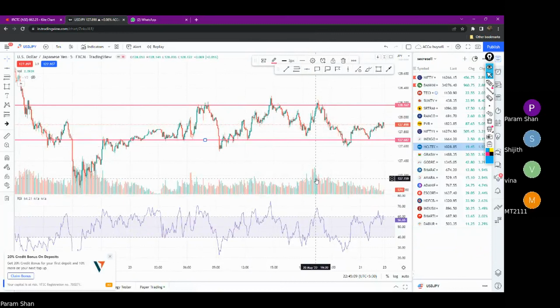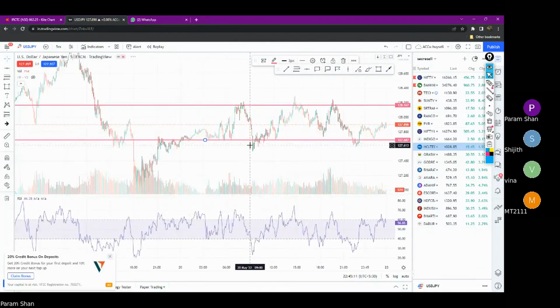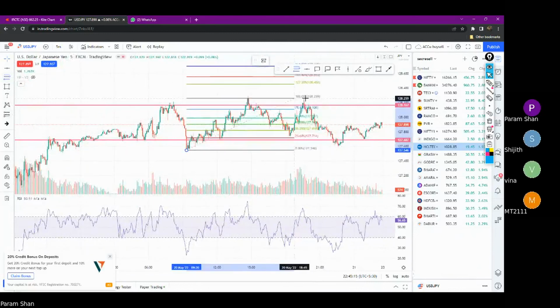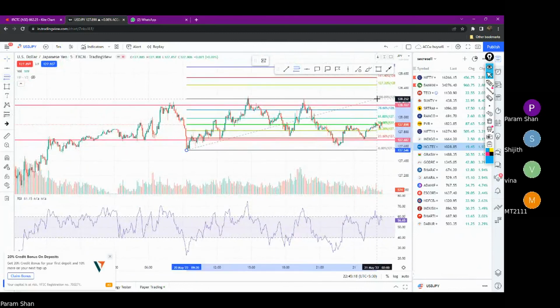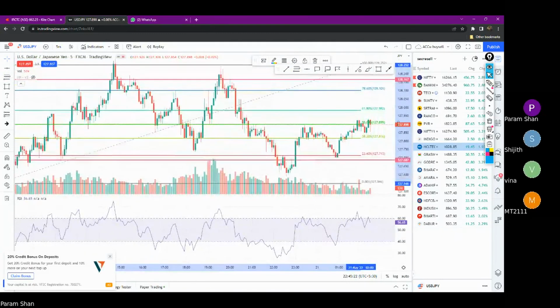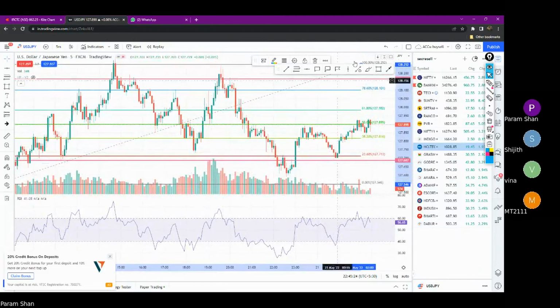Since this is trading in a range, we can use Fibonacci to identify the levels from the high to low. When the volume is drying somewhere, you can identify the first fresh candle. Let us take this portion. Okay. Volume is drying down. This is our first candle. Let's see how the candle is reacting.